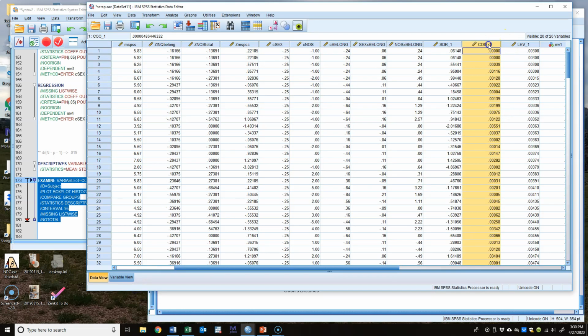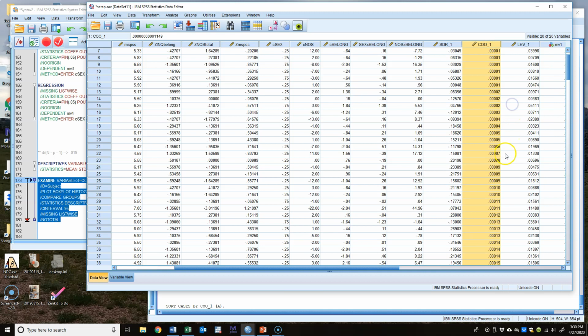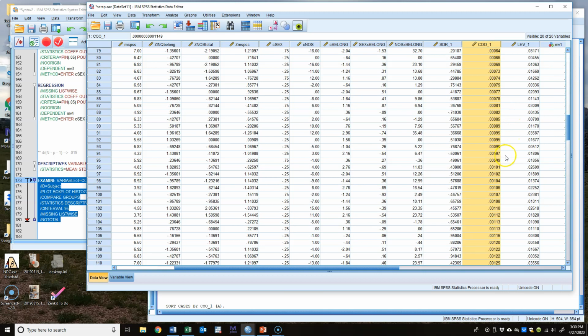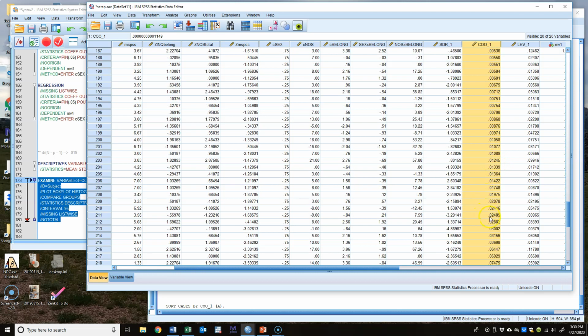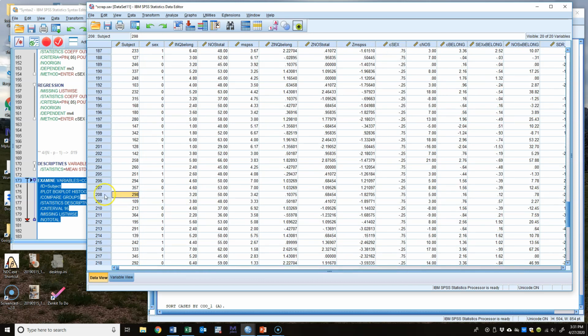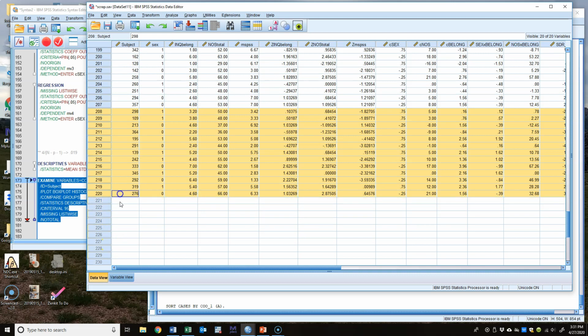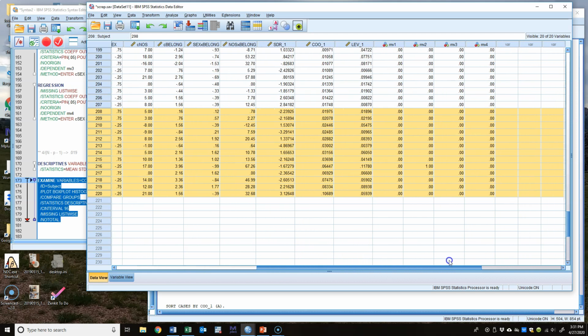If we go through and take a look at my Cook's, and I sort here, and my cutoff is 0.019, so cases 1, 2, 3, 4, 5, 6, 7, 8, 9, 10, 11, 12, again 13 cases that are coming up as high potential influence values.